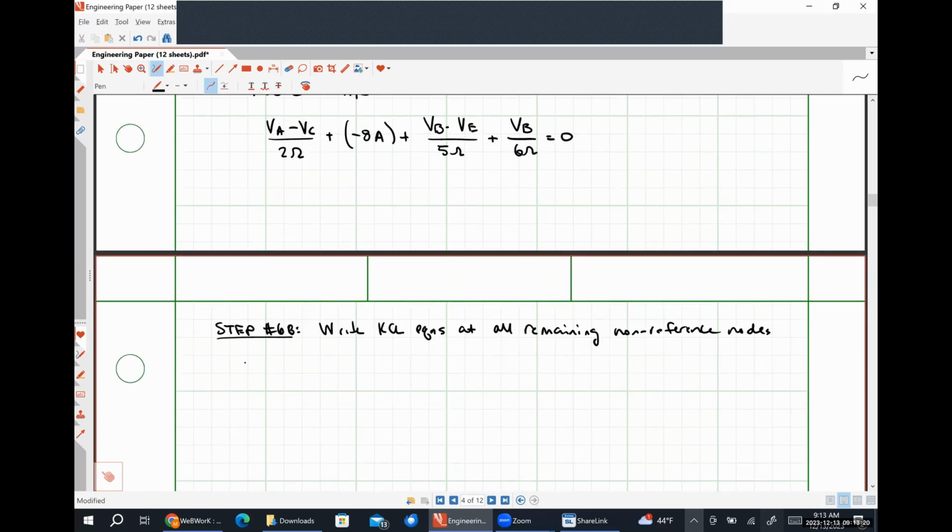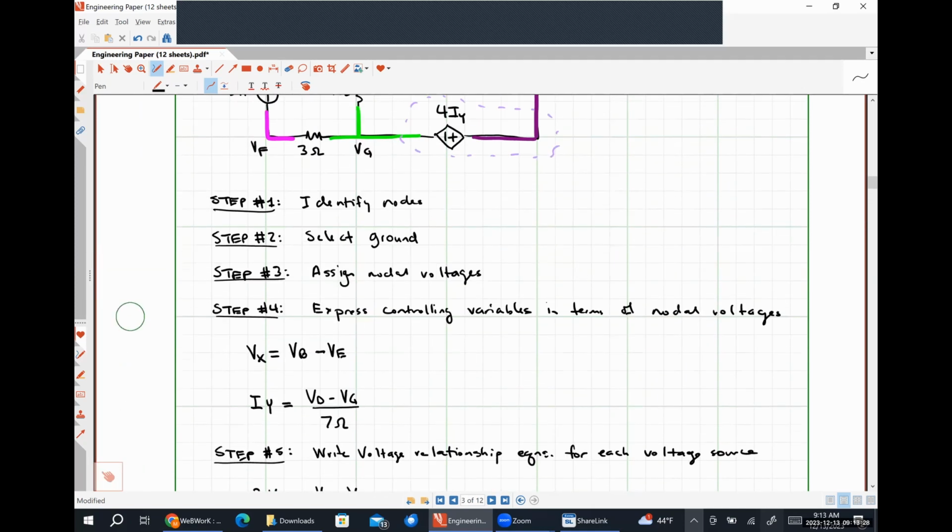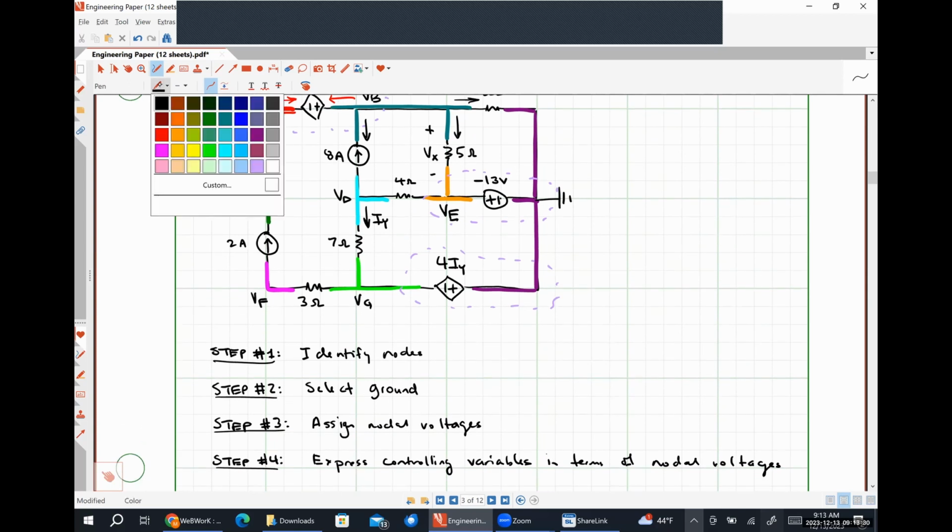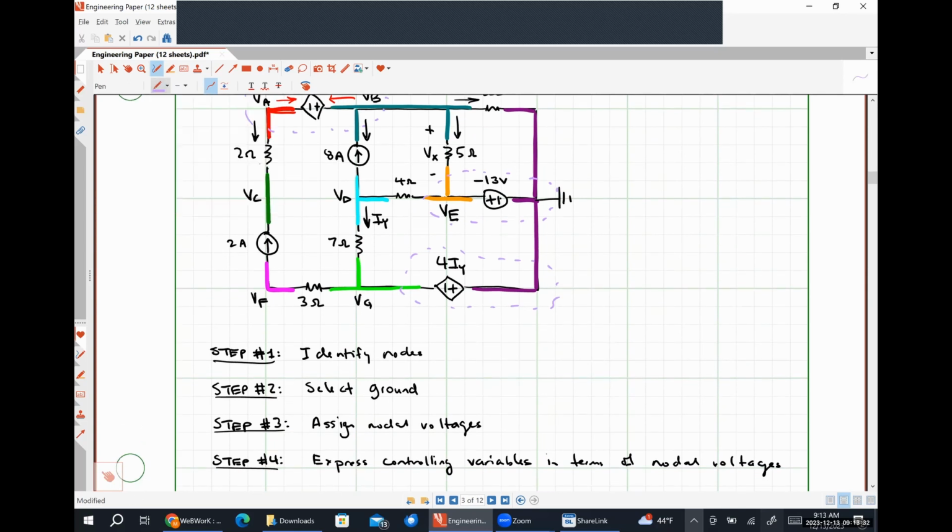So let's start with KCL at node C. That would be this current flowing up plus this current flowing down. So what's the current flowing up through the 2 ohm resistor? All right, what's the current flowing down through the 2 amp source?